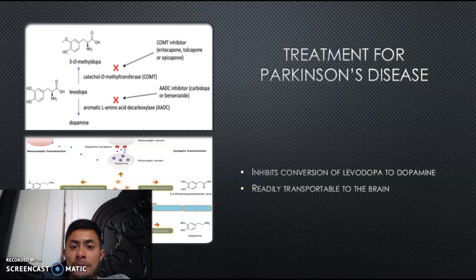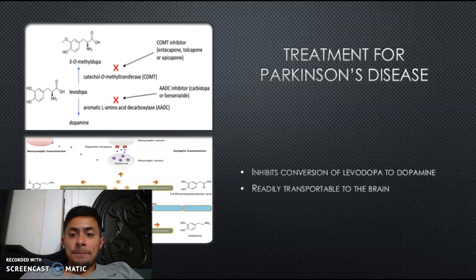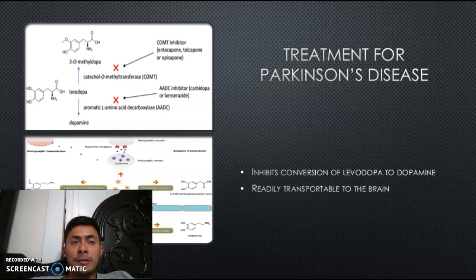So dopa decarboxylase is responsible for the synthesis of key neurotransmitters, which are dopamine and serotonin.